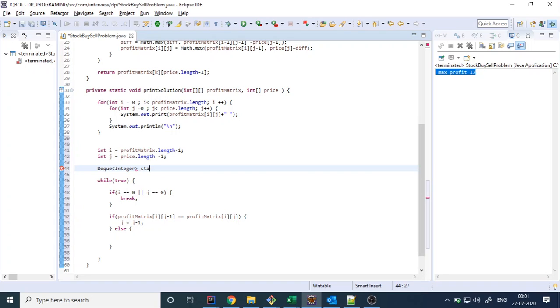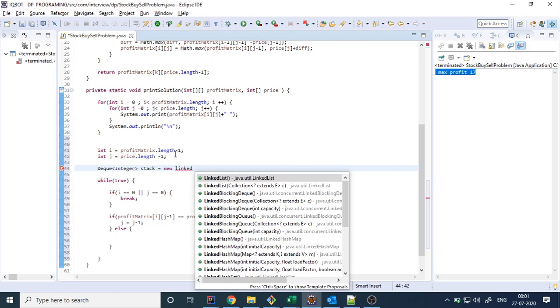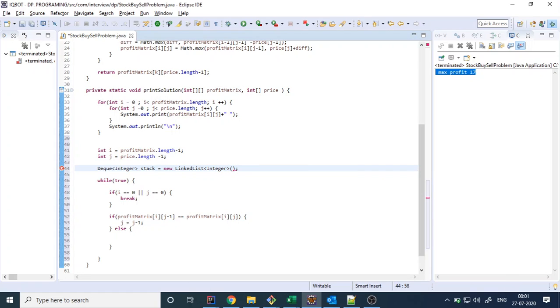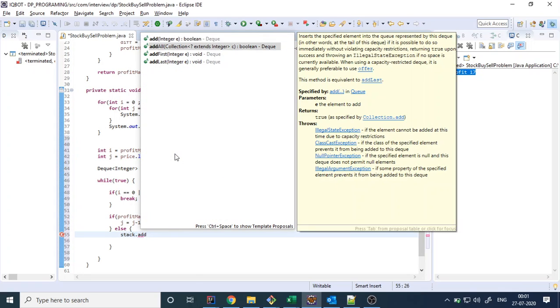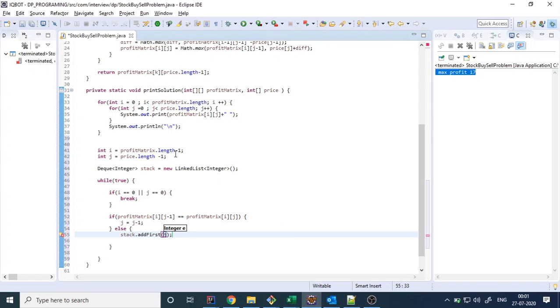So stack equal to new linked list, and stack dot add first of g. I just put the g.